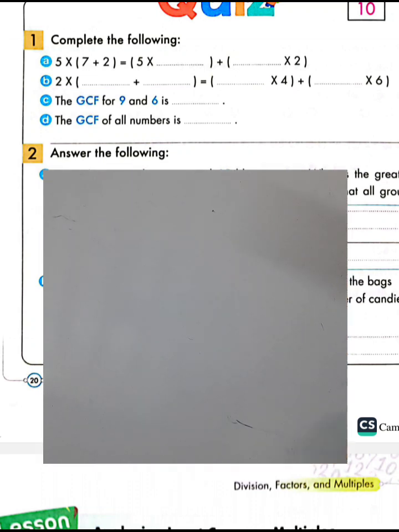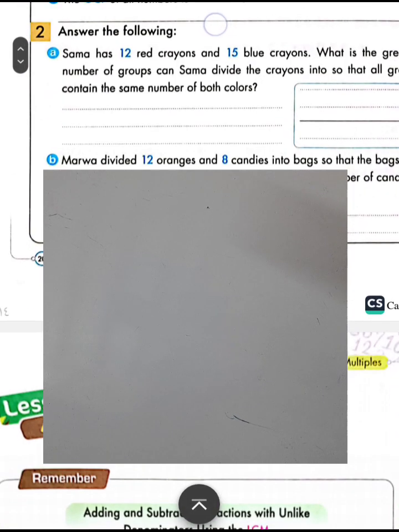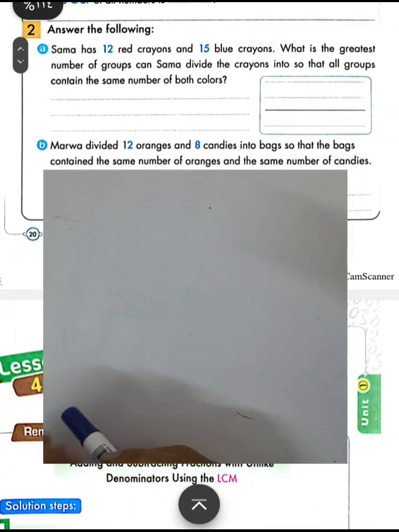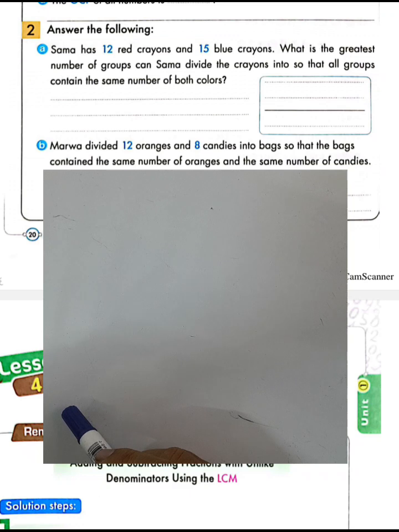Answer the following. Number 2. Sama has 12 red crayons and 15 blue crayons. What is the greatest number of groups Sama can divide the crayons into so that all groups contain the same number of both colors?